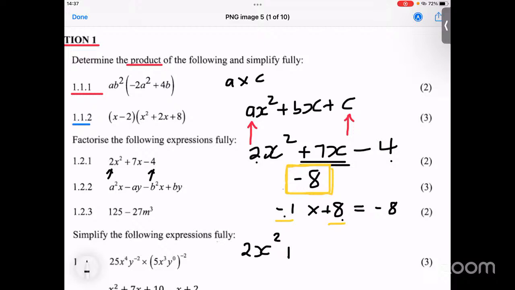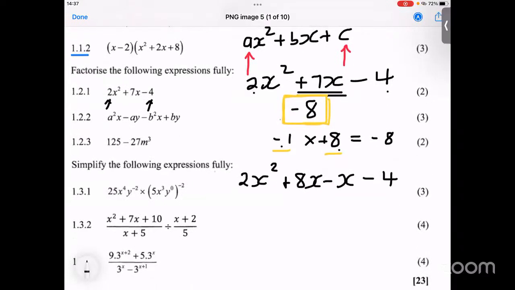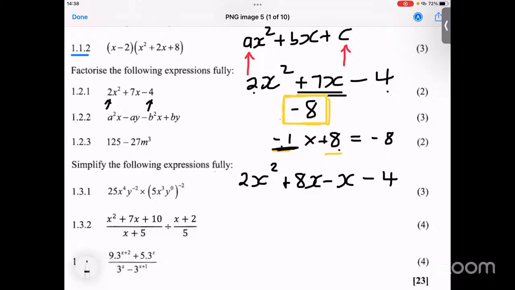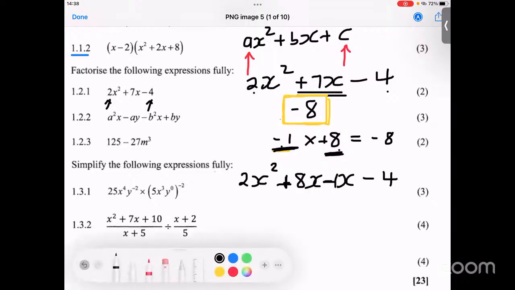Can we not say we are having positive 8x where we minus 1x and then we still have our minus 4 there? I hope you would agree with me on this one. You see how I factorized that, it was such that I used this and that. There it is your positive 8 and there it is your negative 1x. And those can give you that middle term.